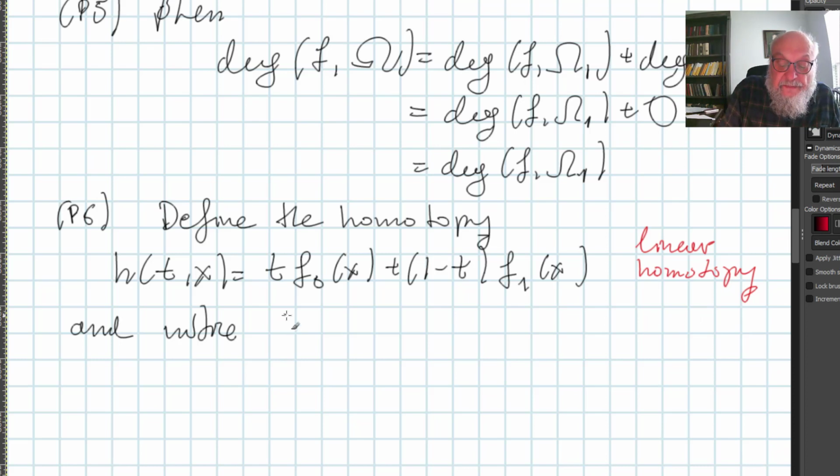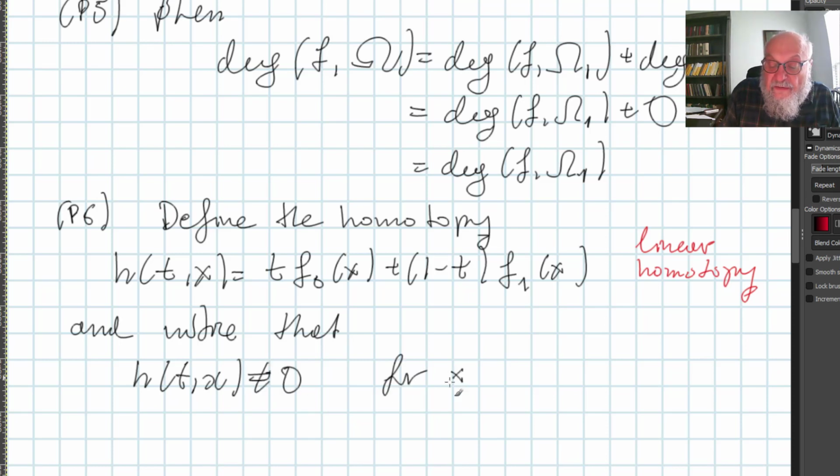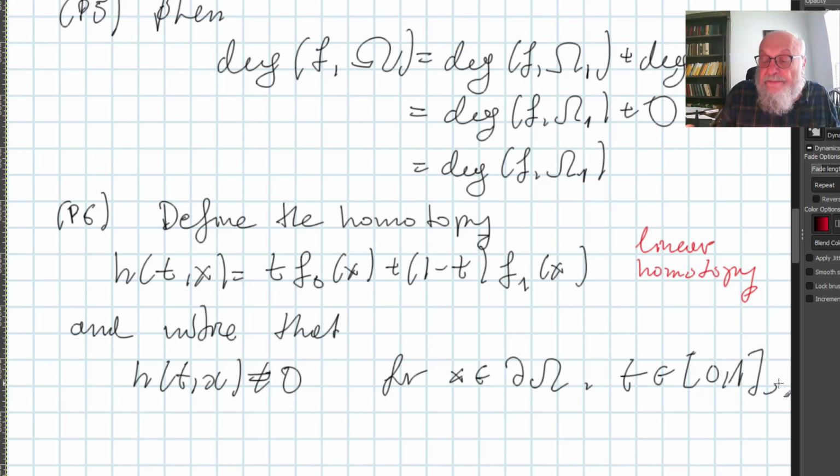And notice that h of t x is different to 0 for x belonging to omega boundary and t belonging to 0, 1.